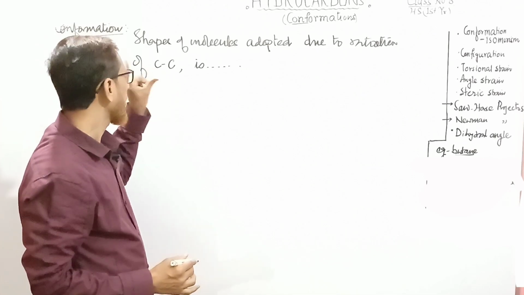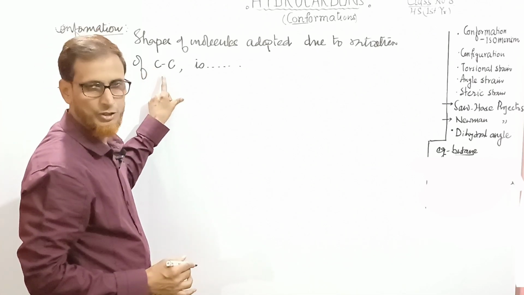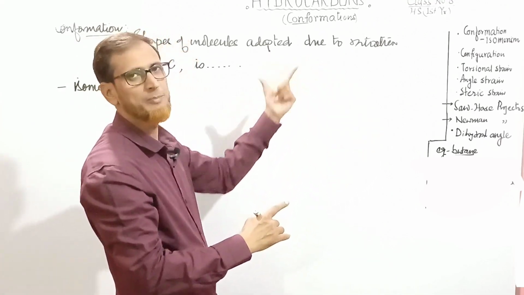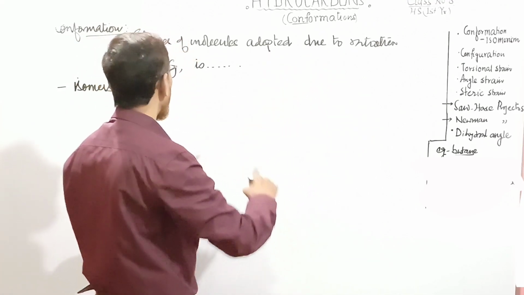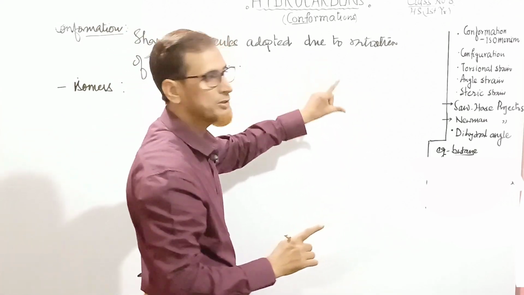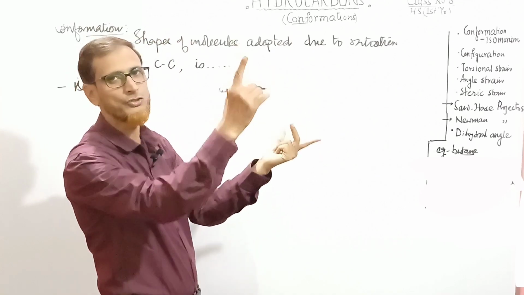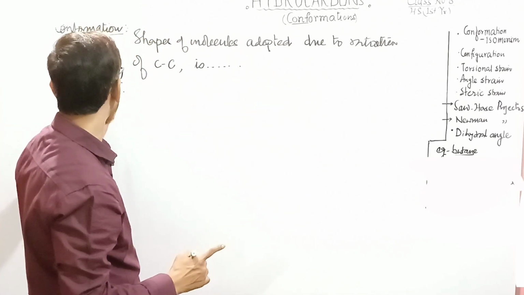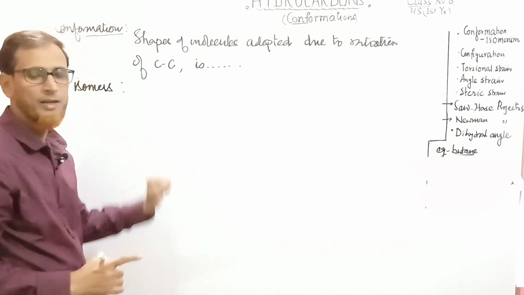Due to rotation of carbon-carbon single bond, a lot of structures or spatial arrangements occur, and all these different structures due to the difference in spatial arrangement in space due to carbon-carbon single bond are called conformational isomers.